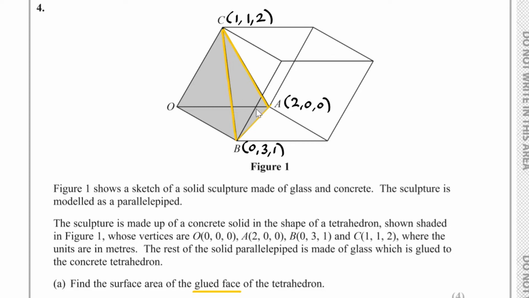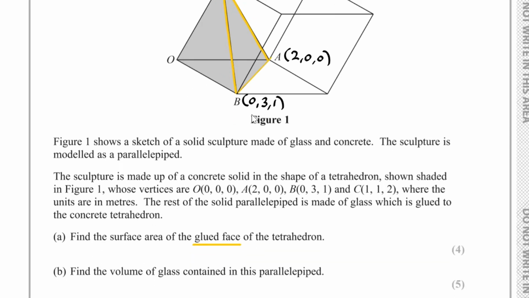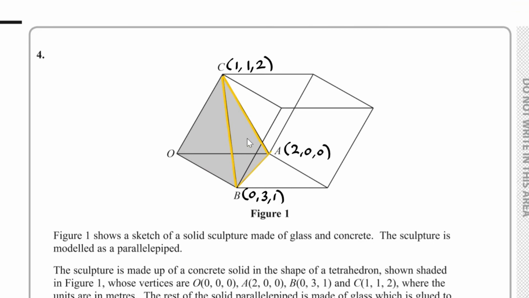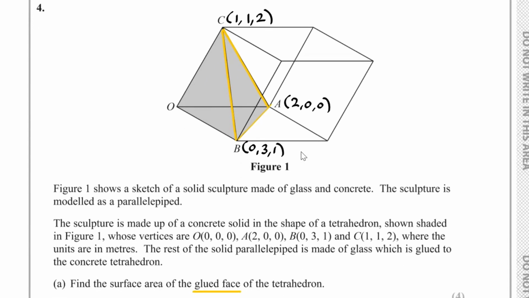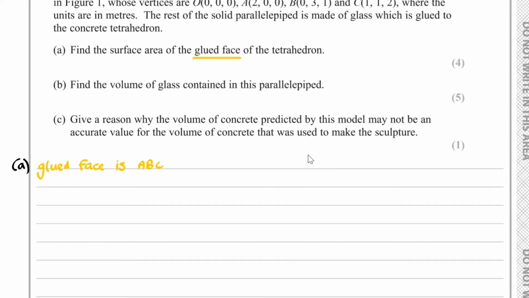So when we come to find out the area of ABC, we can do this by working out the vectors AB and AC first of all, taking the cross product of those vectors and then taking the magnitude of that and multiplying by half. So the area of ABC is equal to 1/2 times the magnitude of AB cross AC.